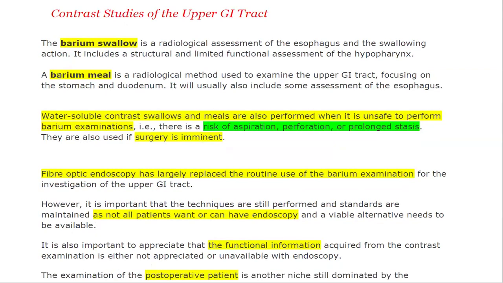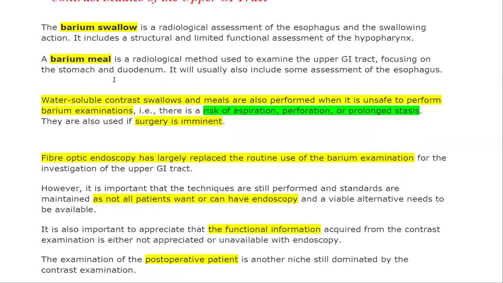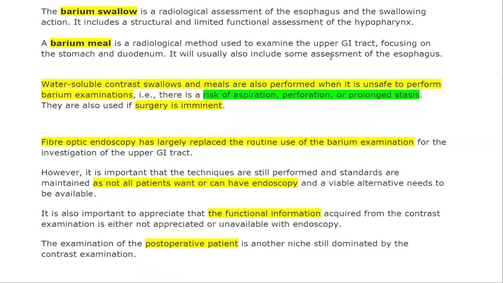Barium meal is also a radiological examination for the other GI tract, especially the stomach and duodenum. Many times it's combined with the swallow. So you will have an assessment of the esophagus, and mostly we are going to do a swallow, then complete it with a barium meal.